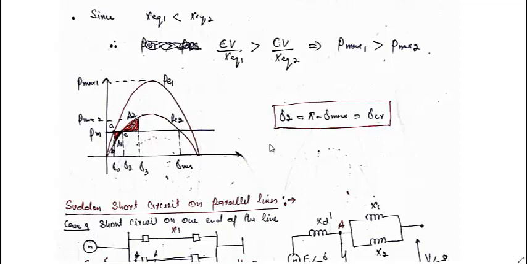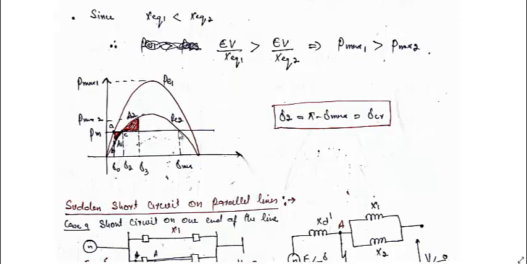And for the limiting case, you can see that this delta 2, because the curve will be now this, when it is lesser than this value, in the limiting case, this area will be equal to this whole area.